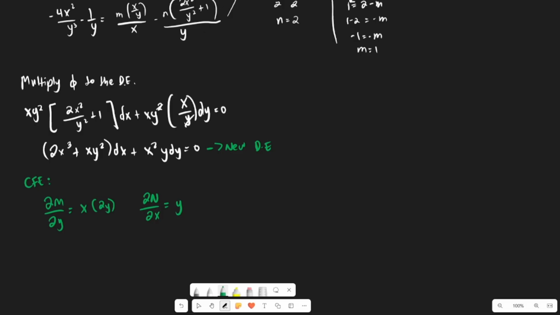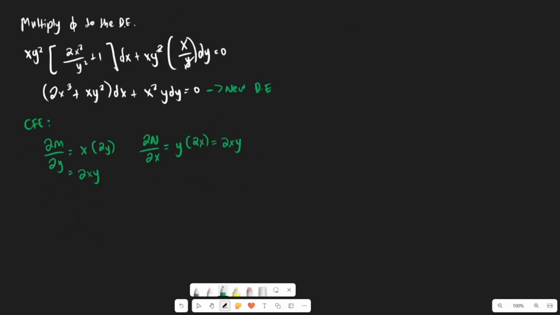Then we get the derivative of x squared with respect to x, so that is 2x. So if we can see, we simplify this, and we simplify this, the partial of m with respect to y is now equal to the partial of n with respect to x. Therefore, the dE is now exact.